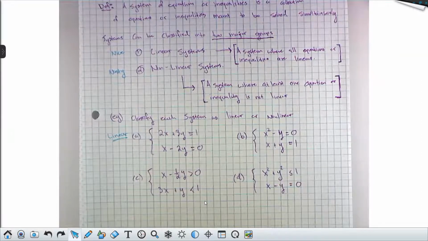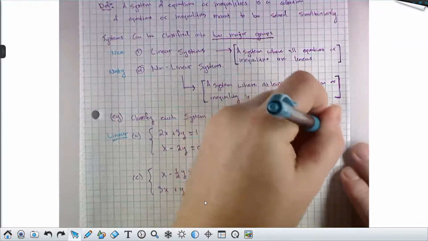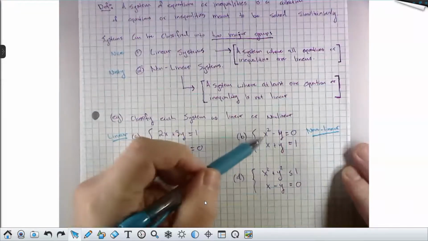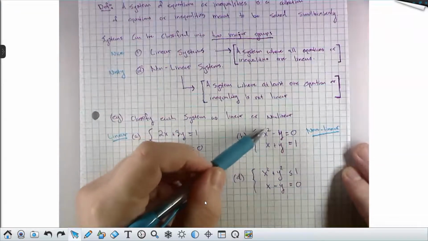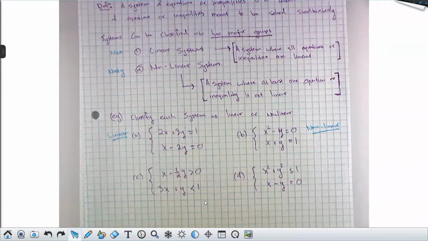Yeah, perfect, right? It's that easy. The system B is nonlinear because in the first equation, we have an x squared here. So if you have any of the variables raised to any power other than 1, then that equation is nonlinear. And if any of the equations are nonlinear, the whole system is nonlinear.